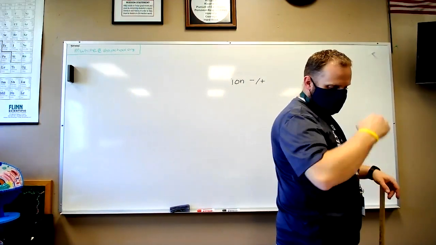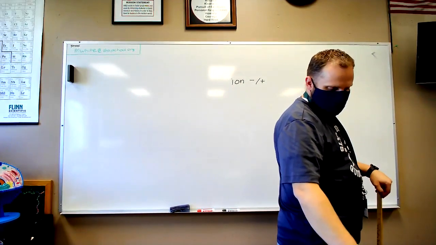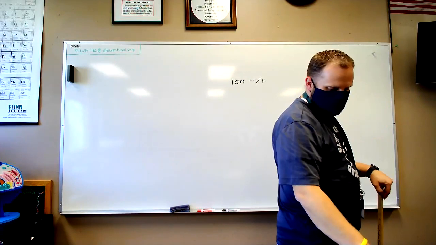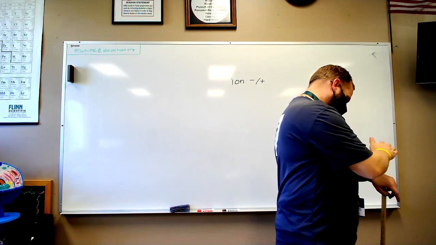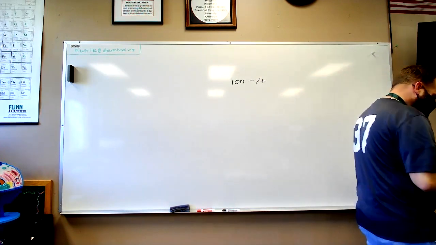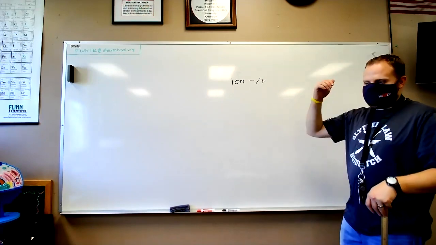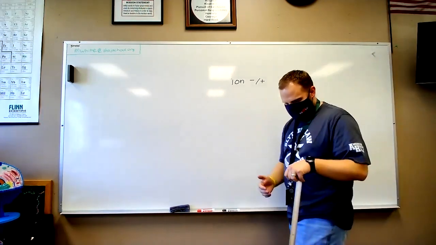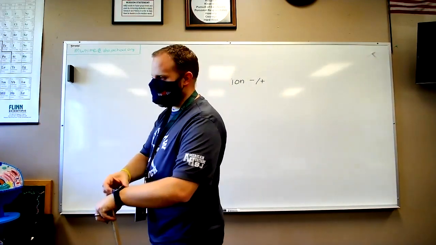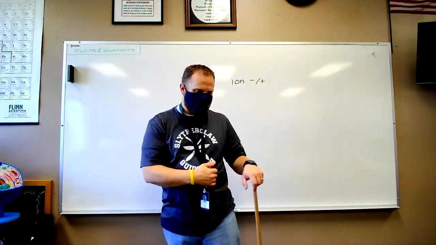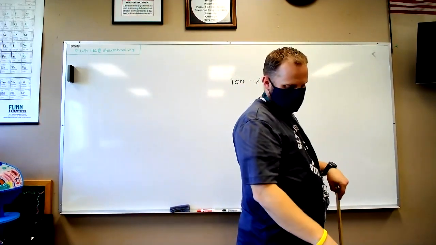The second one jumps to 7,300. And then the third one, 11,810. Okay. So for every electron that we remove, the next one requires more energy. Requires more energy to remove. Okay.